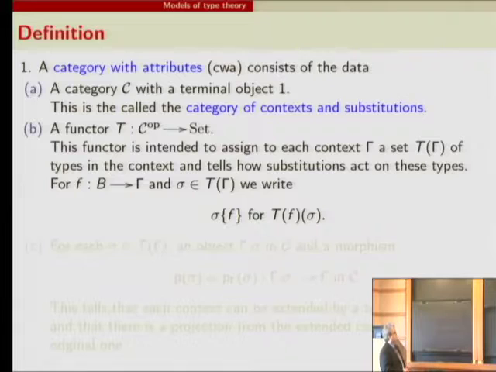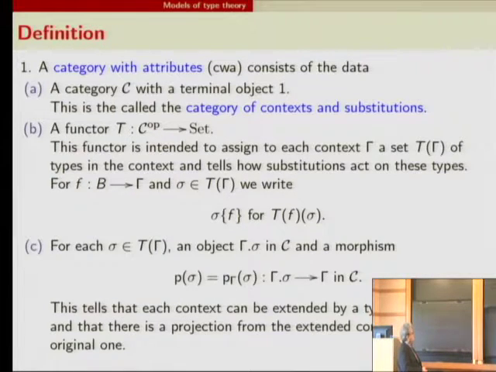The morphism part of the functor tells how the substitutions act on these types. So if we have a substitution sigma, T of sigma is the substitution applied to the type, by definition. That's a completely abstract definition of substitution, and it's functorial, of course.